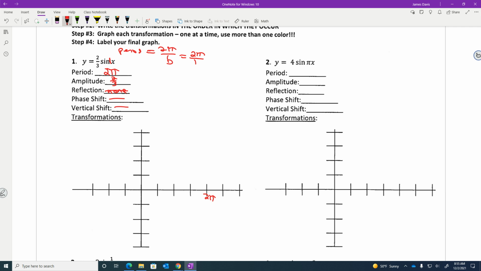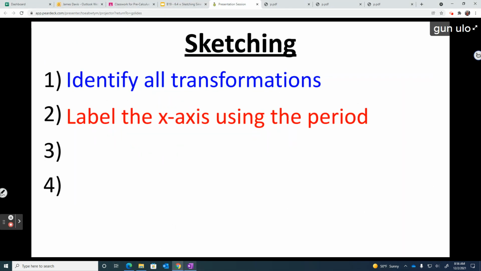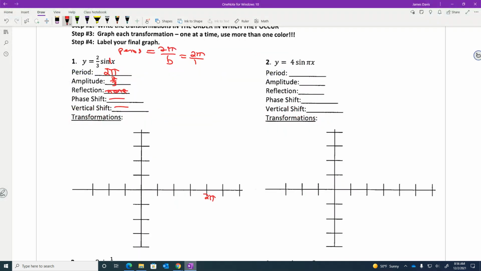We're always going to go 4 spaces over. You could even make a note of that: 4 units over. There's a reason we're doing 4. It's just going to make the graph easier.